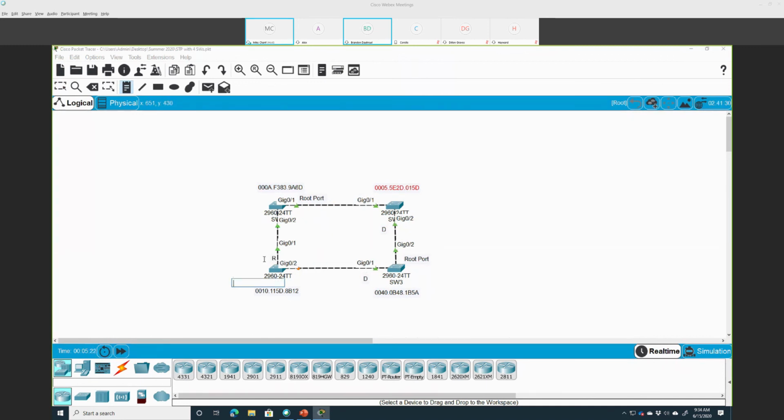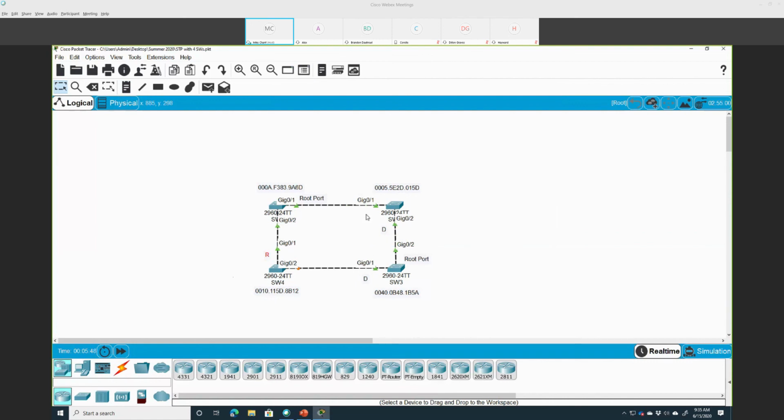Now, if you look at this one here, there is some kind of confusion. If I'm on this switch, all the paths to the root bridge are equal. So I can go this way and this way because this is a gigabit.